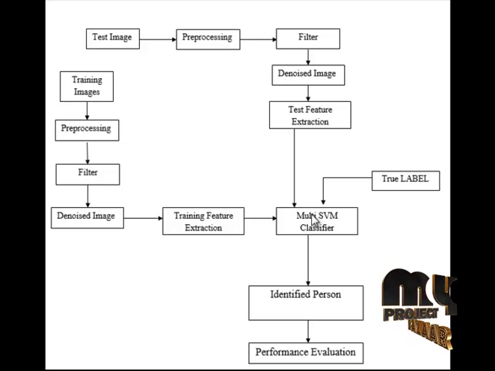To achieve this, we train the multi-SVM by using 3 parameters, namely true label, training features, and the test feature. By learning, the multi-SVM classifies whether the input image is authenticated or not. Machine learning is a field of study that gives computers the ability to learn without being explicitly programmed.